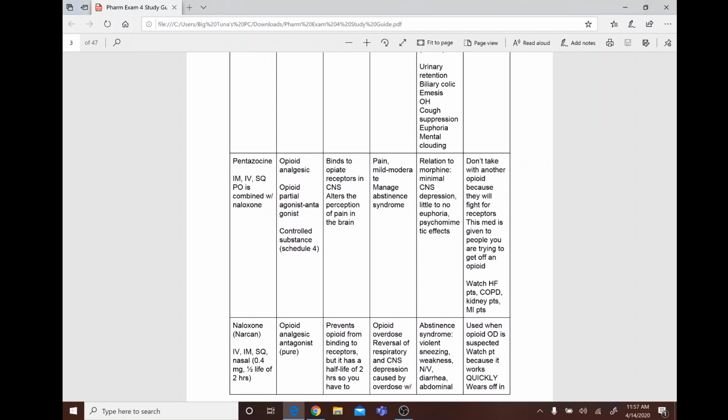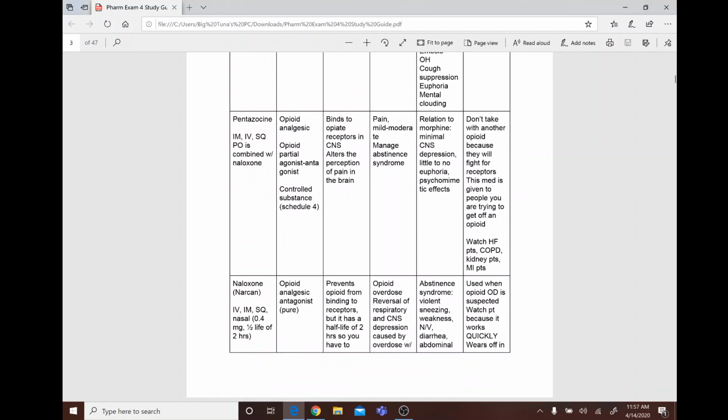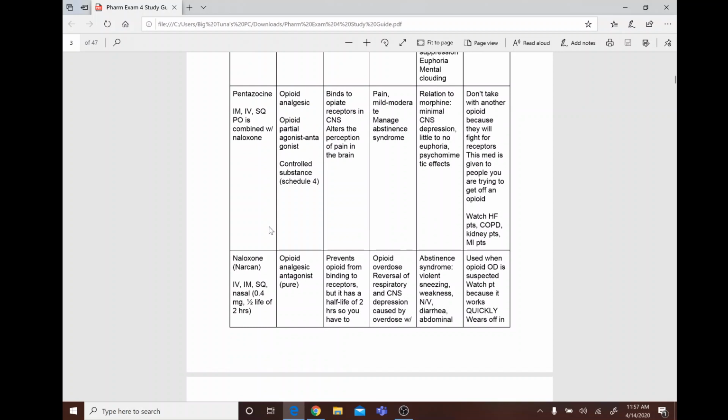Do not take with another opioid because they will fight for receptors. This med is given to people you are trying to get off an opioid. What type of patients do we need to watch when they're taking pentazocine? Heart failure, COPD, kidney, and MI patients.